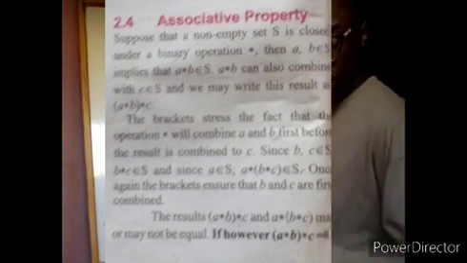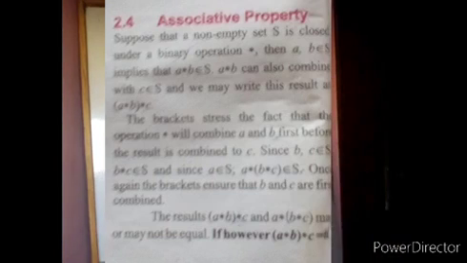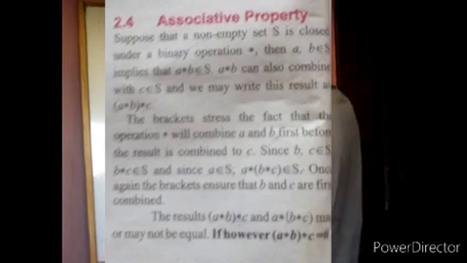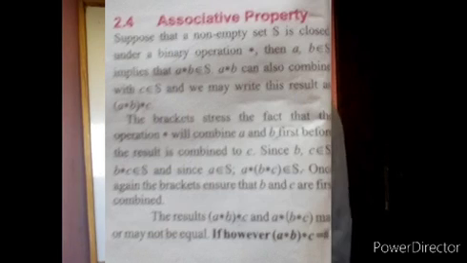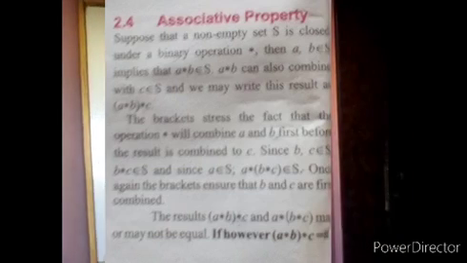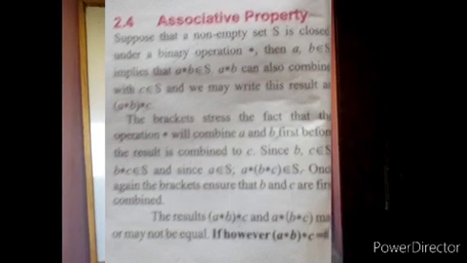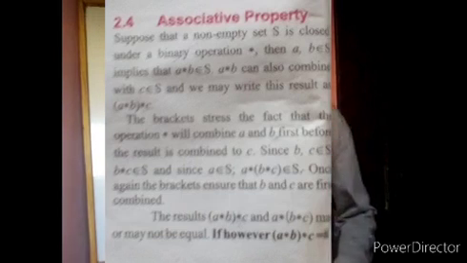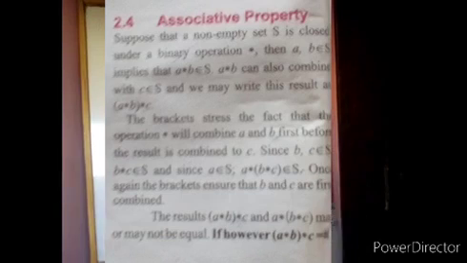Basically, as you can see on the screen, first of all, let's start with the assumption that we have a non-empty set. Suppose a non-empty set S is closed under a binary operation asterisk, then A, B in S implies that A asterisk B is an element of S.